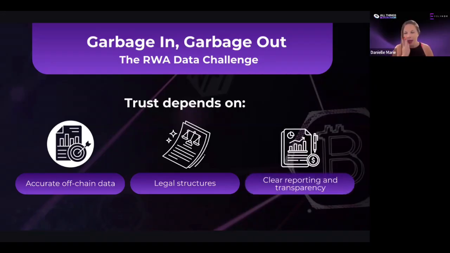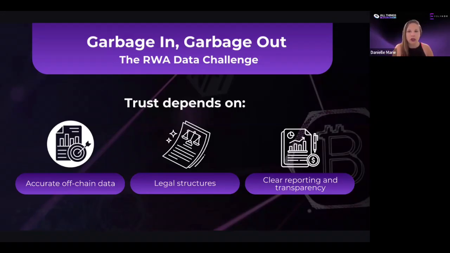You also have to think about the process for the reporting and the transparency of this data. If a DAO is buying different properties and tokenizing them, or buying businesses and tokenizing them, how is that off-chain data being reported? How true, how accurate is it?